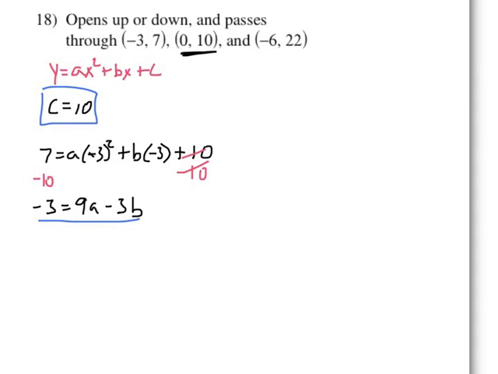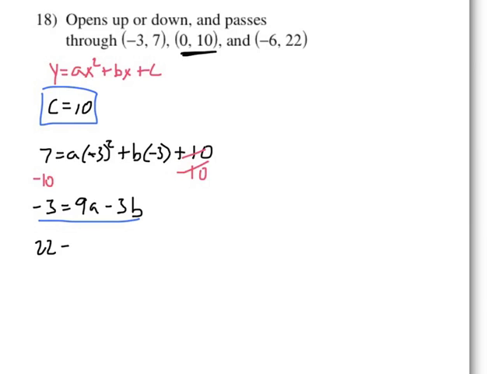Yes, ma'am? Do we always use the point first to find C? We always use the point 0 something? Yes, because that's always the y-intercept, and C always gives us the y-intercept. Okay? All right, we need a second equation with A and B, so we go to our last point they gave us, -6, 22.